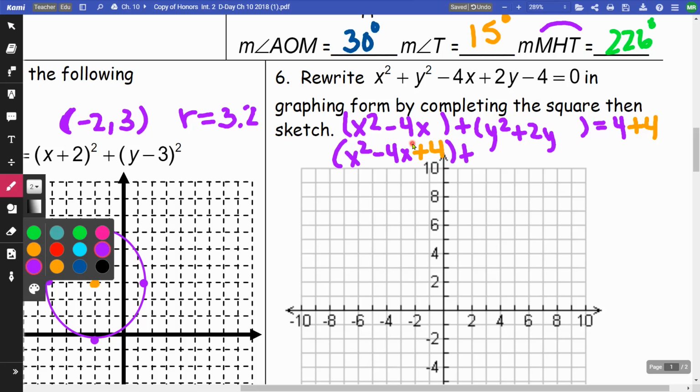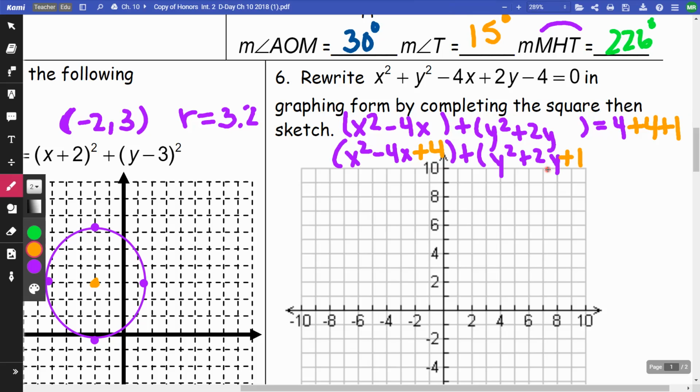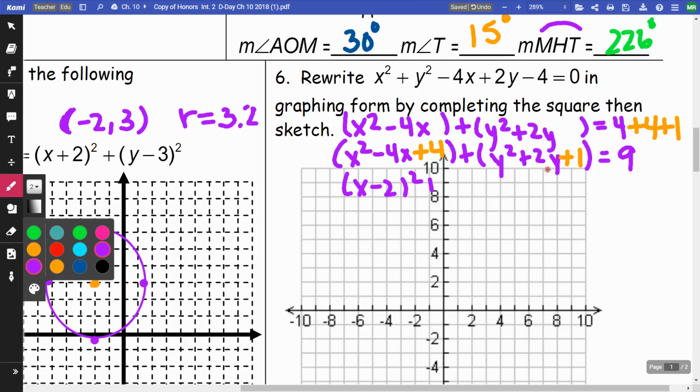Then I'm going to do the same with my y. So y squared plus 2y, and half of 2 is 1, and 1 squared is 1. So I'm going to add 1 here, and I also add 1 here. And so we end up with 9. So this becomes x minus 2 squared plus y plus 1 squared is equal to 9.